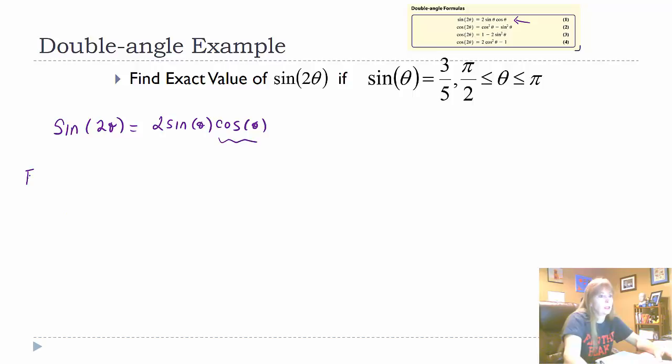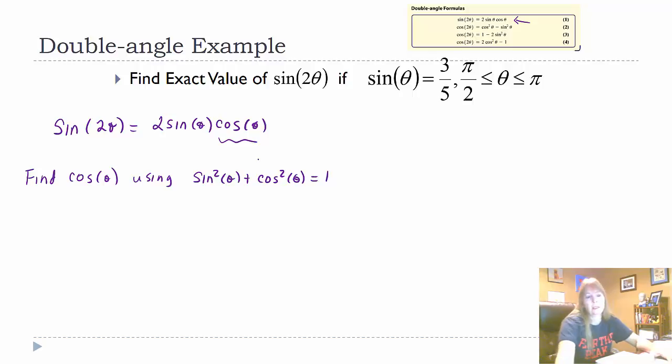So let's find cosine theta by using, guess what? Sine squared theta plus cosine squared theta equals 1. That identity is definitely your best friend. So cosine squared theta equals 1 minus sine squared theta.